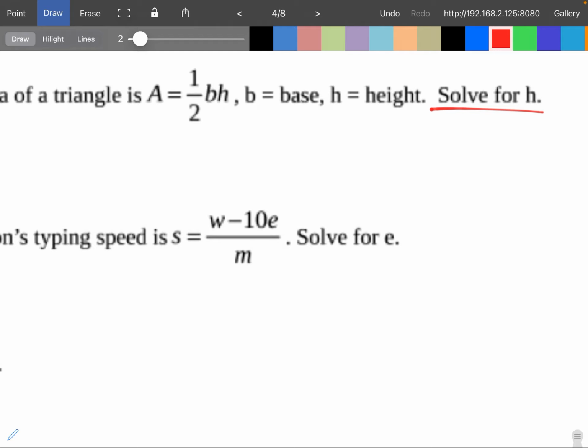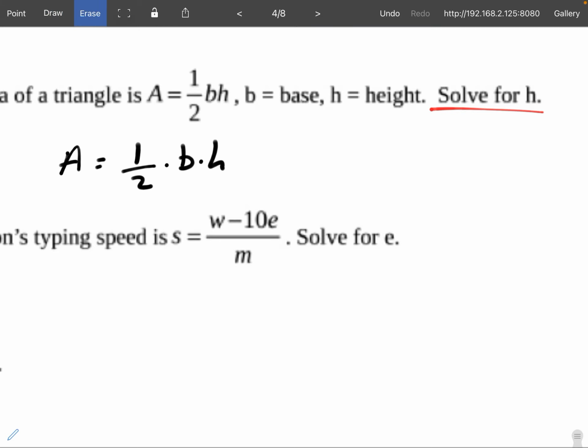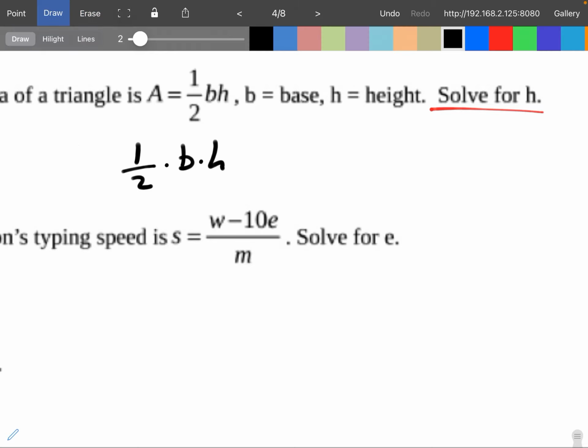So we're trying to solve for h. Let me rewrite the thing here. The area is 1/2 times the base times the height. Let me make myself a little bit more room here.